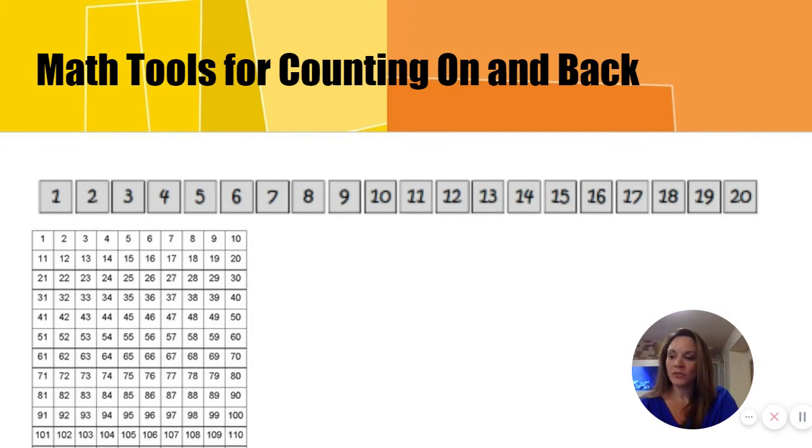Tools that are helpful to use when counting on or counting back are number paths or number lines and hundreds charts. If I start on the number 5 and I want to count back 2, I can say 5, 4, 3. 5 minus 2 equals 3.